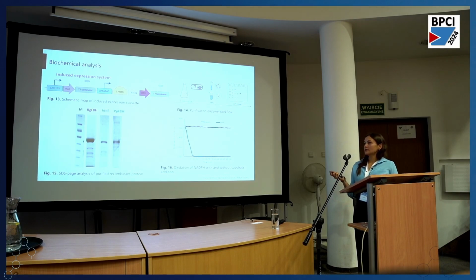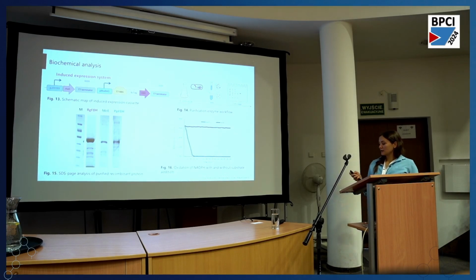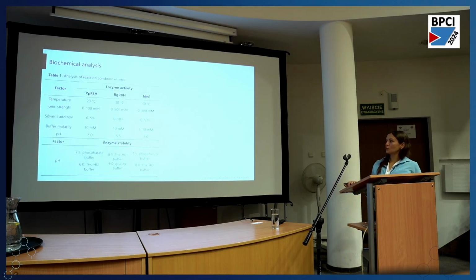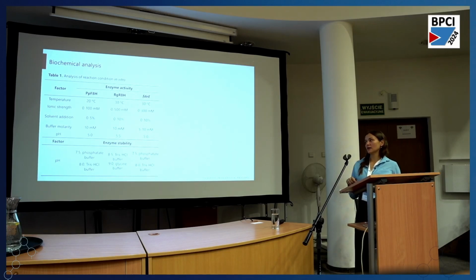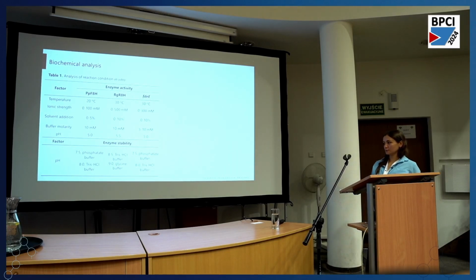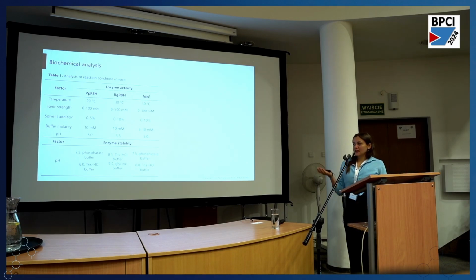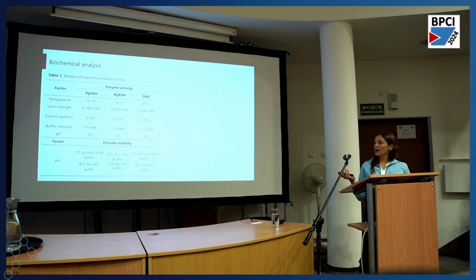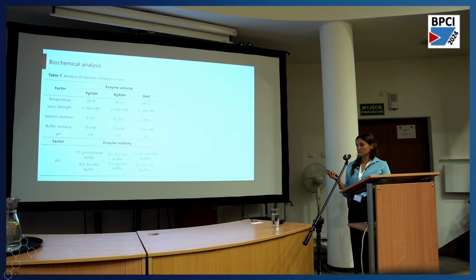So that was the first biochemical analysis, and then we verified the reaction conditions for each of them, and they looked quite similar. But what was surprising for us was the pH value, because all of them preferred pH 5.5.